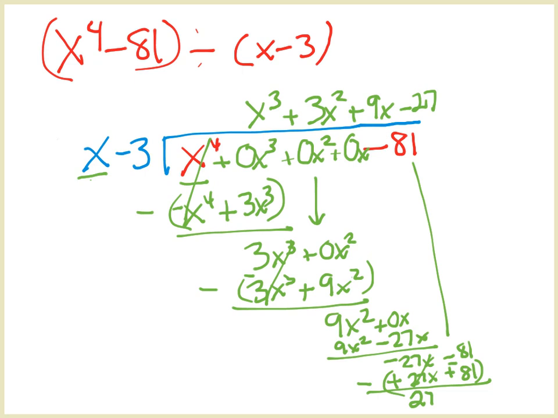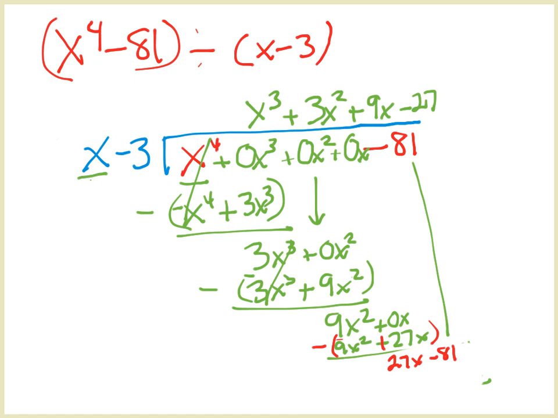Okay, I caught it. What I forgot to do is subtract the whole thing. What I'm left with is a negative and a positive, so let me erase all that. Now what we're left with is 27x minus 81.